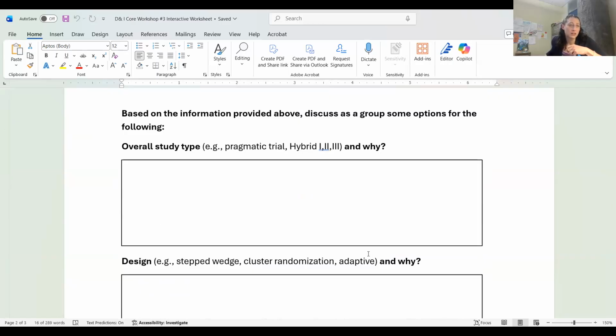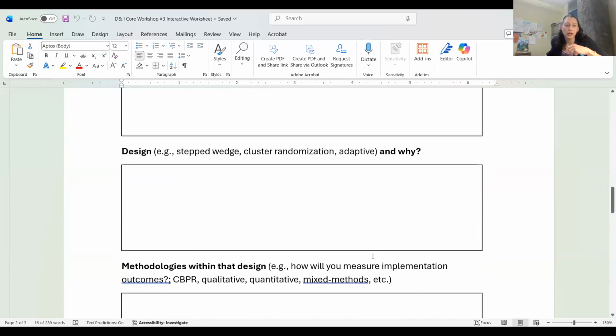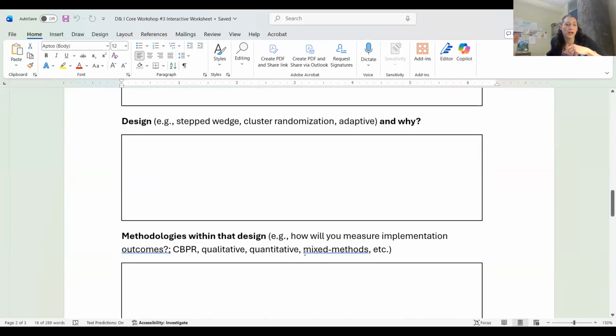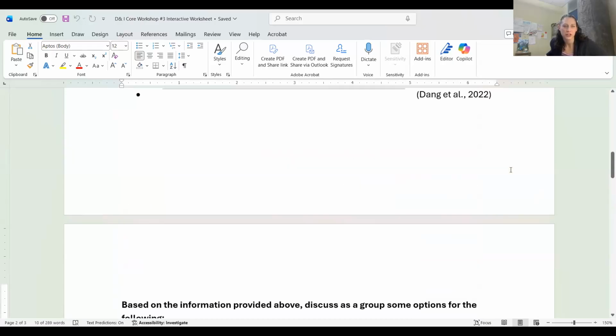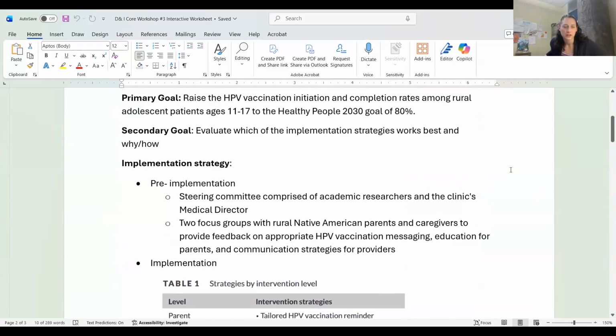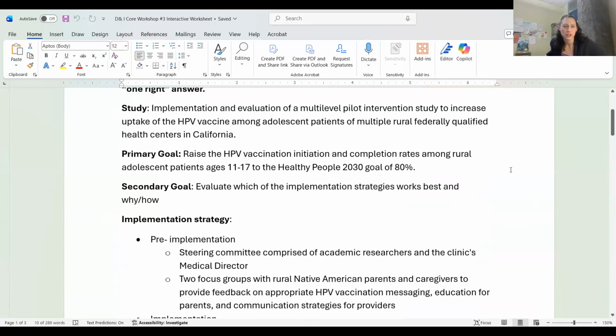What kind of design factors might we include? And what sort of methodologies might we use to measure those outcomes? So would anyone like to chime in? Any thoughts on this first one, the overall study type that might be suited to answering the questions of this study? Scroll back up to the information here.